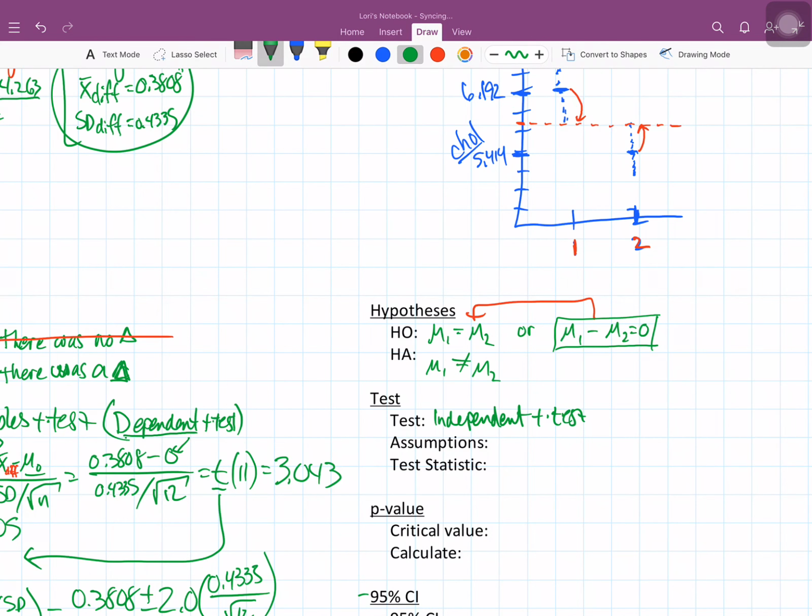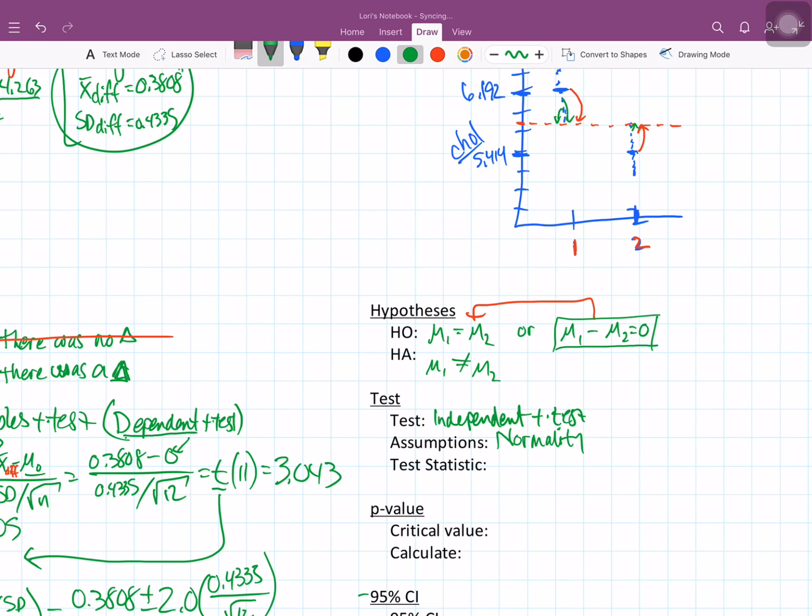The assumptions for a student's t-test are similar to what we've seen before. One of them is normality, and technically it's normality of the residuals. In other words, how far away each of these data points are from this grand mean.